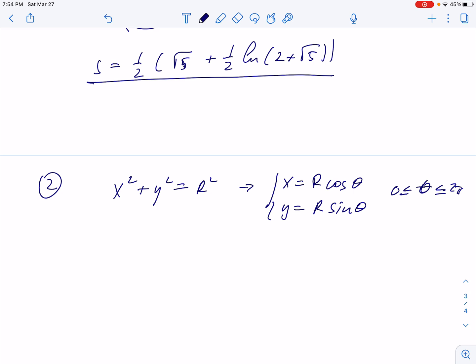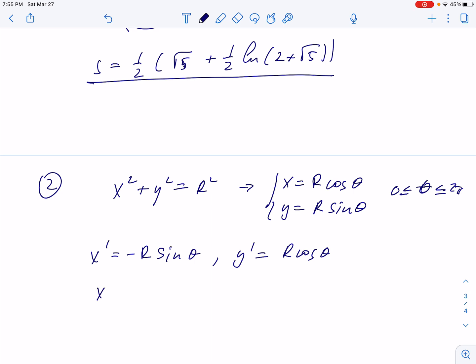And let's see how the formula will give. It's good to compute x prime squared, y prime squared separately according to the variable theta. Differentiating, we have x prime is negative r sine theta, y prime will be r cosine theta.